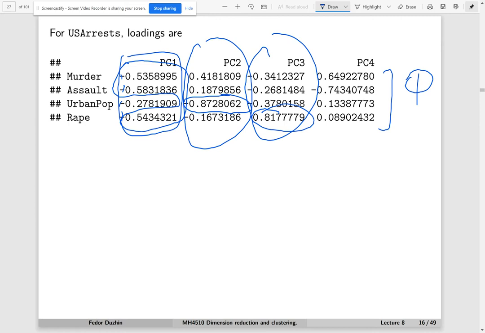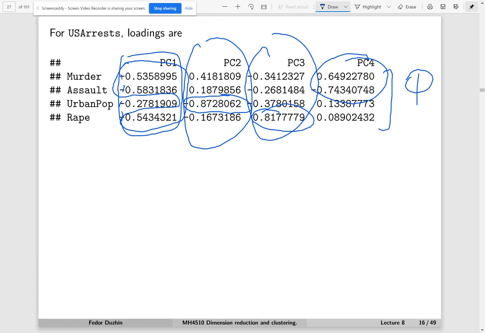And the last principal component is harder to interpret, because murder appears with a positive coefficient and assault with a negative coefficient. So this is some kind of difference between murder and assault. In some sense, it is the propensity of criminals to kill their victims.